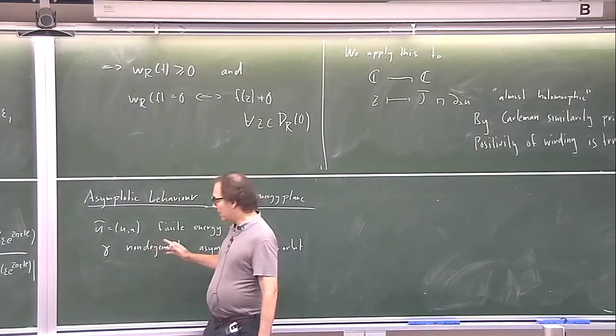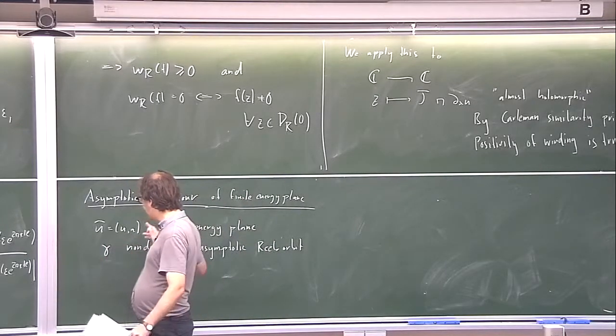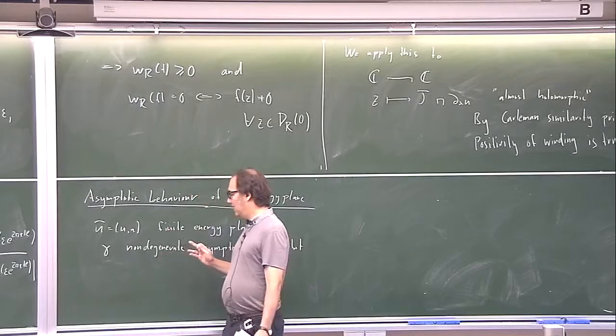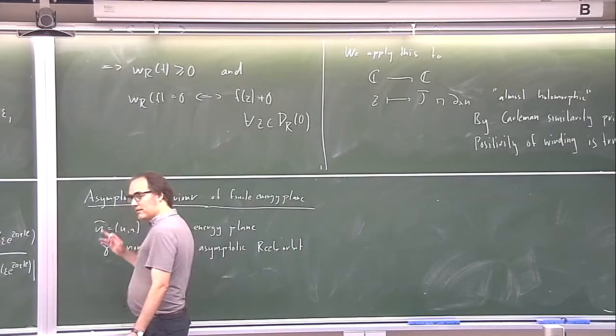asymptotically it exponentially converges to this asymptotic Reeb orbit, and it converges like an eigenvector.